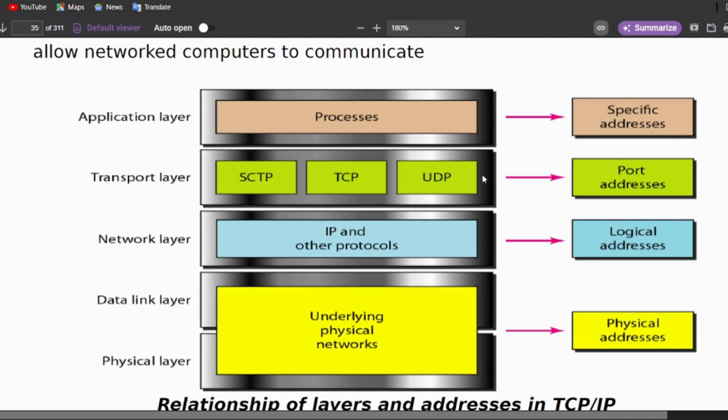Now coming to the network layer, we have IP and other protocols, where the logical addresses are stored. At the data link layer and physical layer, we have the underlying physical network, which is the physical address of our system.